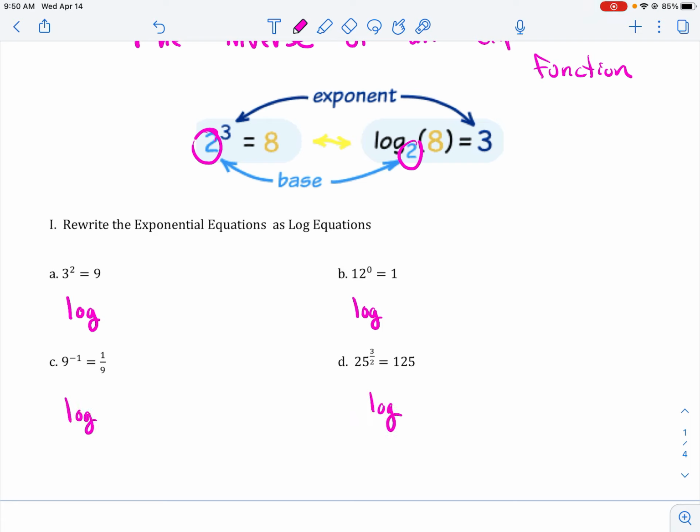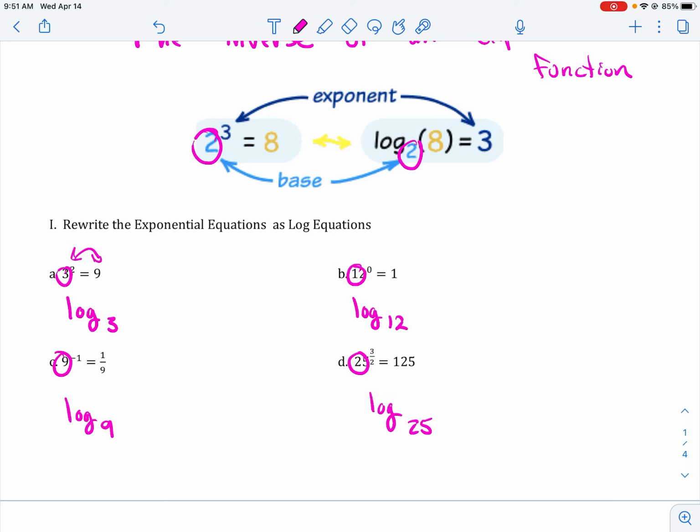Okay? That's your first step. Then, our base is going to be all of these numbers right here. Okay, so this will be a 3, this will be a 12, this will be a 9, and this will be a 25.